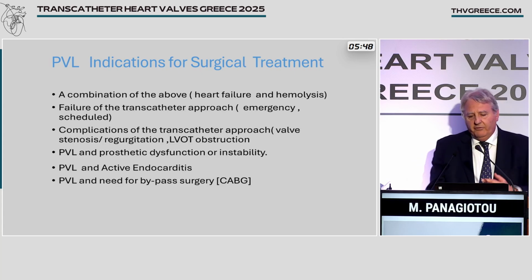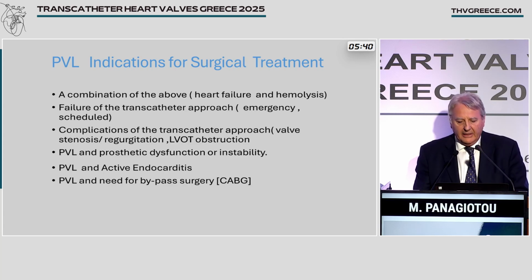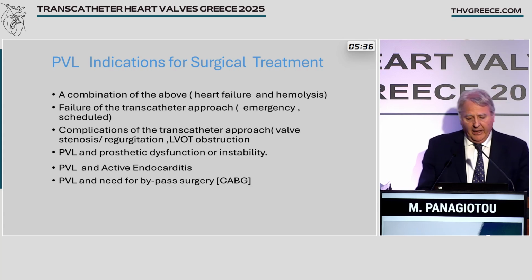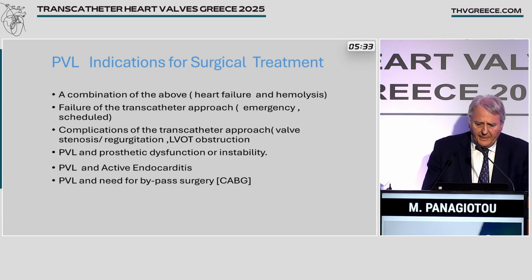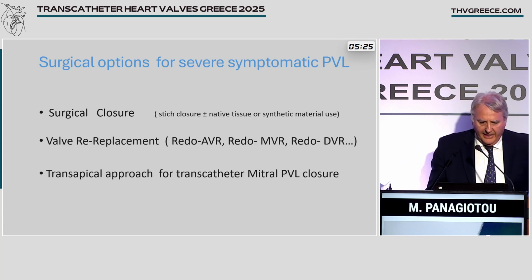A combination of heart failure and hemolysis. Failure of the transcatheter approach, either scheduled or on an emergency basis, or complications of the transcatheter approach like valve stenosis, valve regurgitation, LVOT obstruction, PVL and prosthetic dysfunction or instability, PVL and active endocarditis, or PVL with need of something else.